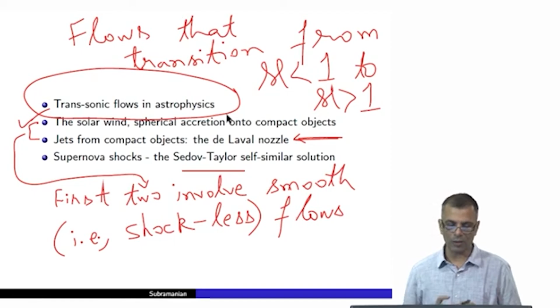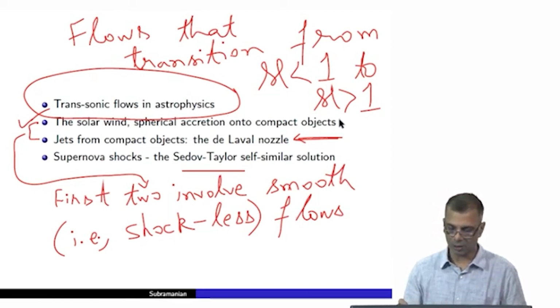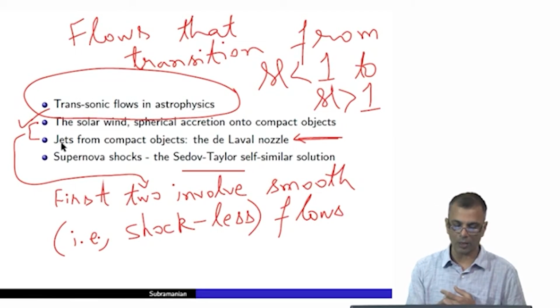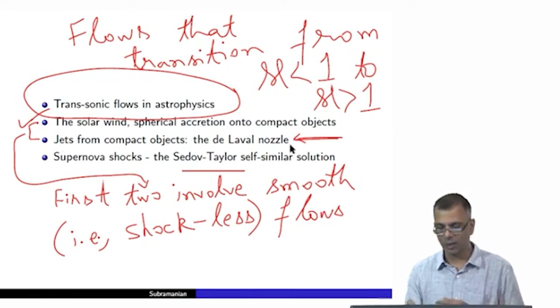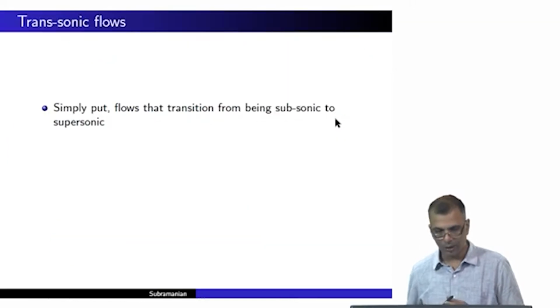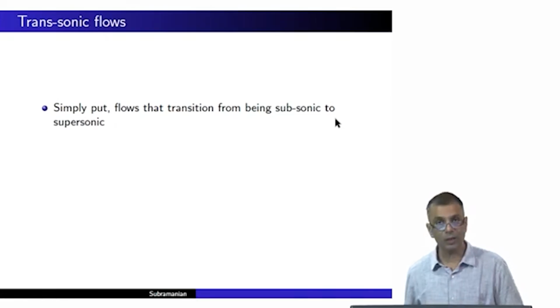So let us first consider this. Well, we've already considered jets from compact objects. We're done. The number 2 is done. Now let us go on to number 1 here. So what are transonic flows? We already said this, but no harm in emphasizing this a little more.